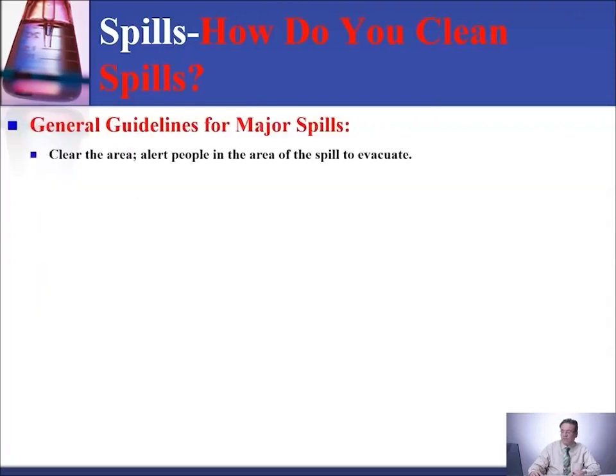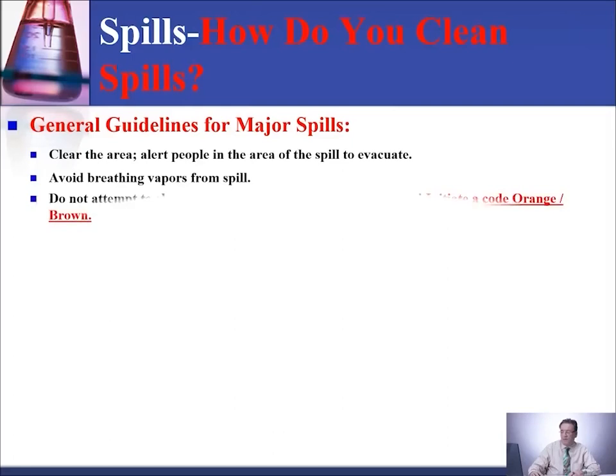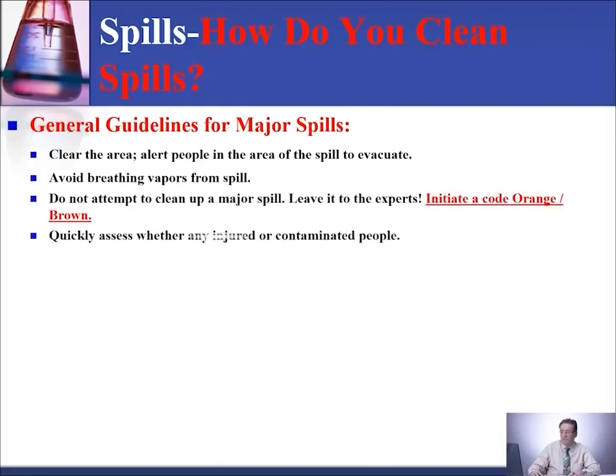General guidelines for major spills: alert people in the area of the spill to evacuate, avoid breathing vapors from the spill, and do not attempt to clean up a major spill; leave it to the experts. Initiate a code orange or brown, or use the code that you use in your institution.